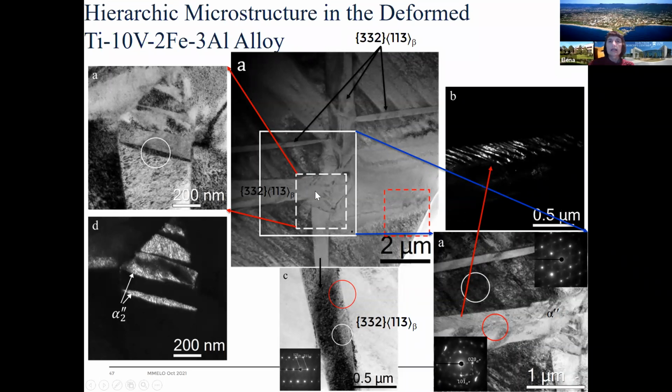And if we zoom in into this area, we could see that again we have martensite forming inside the 332 twins, and within this primary martensite we have secondary martensite forming. And the remaining area between the 332 twins is remaining beta area.